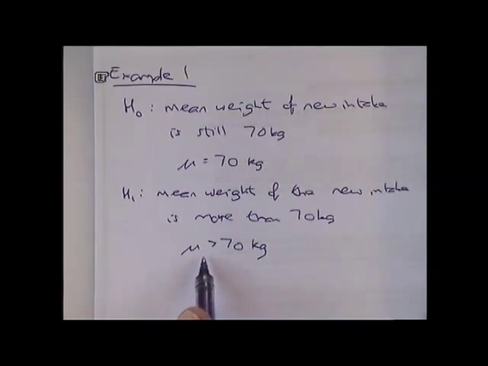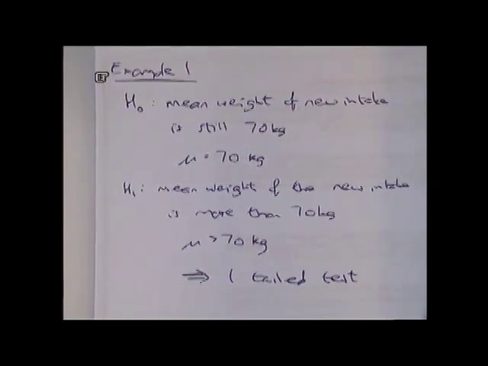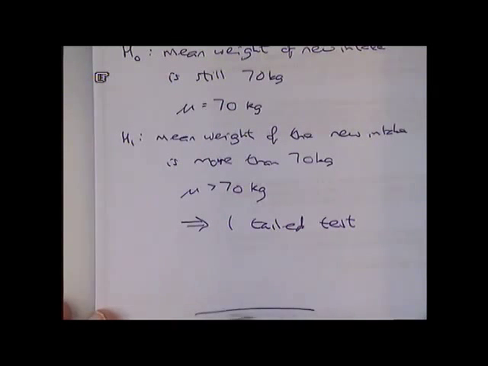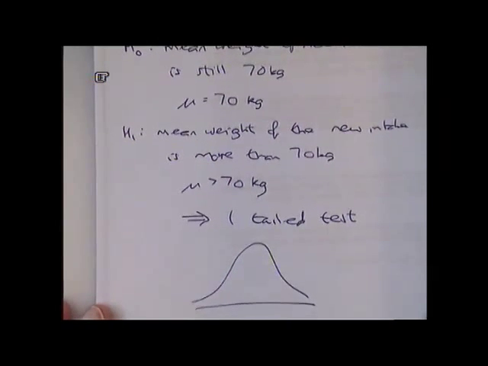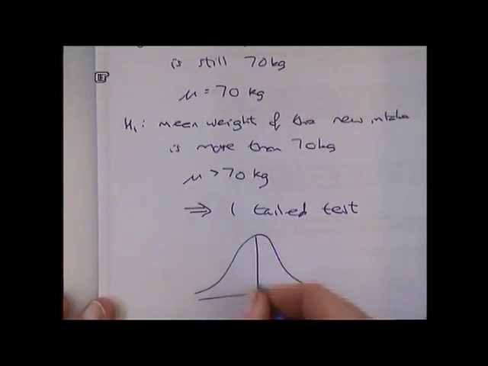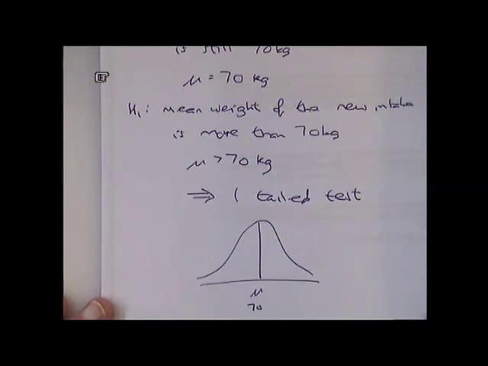Because it's an inequality sign here, greater than, this is what we call a one-tailed test. It's called that because if I sketch a normal distribution curve, under our null hypothesis, mu was 70. We are just interested in whether mu has shifted over here, whether it is greater than.